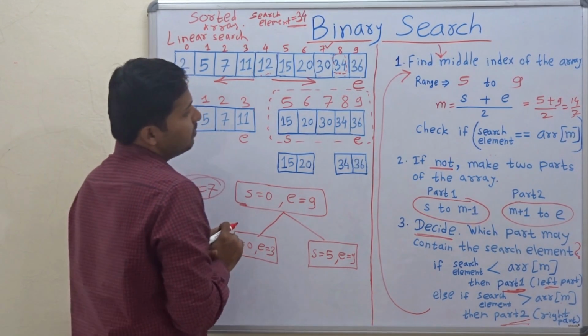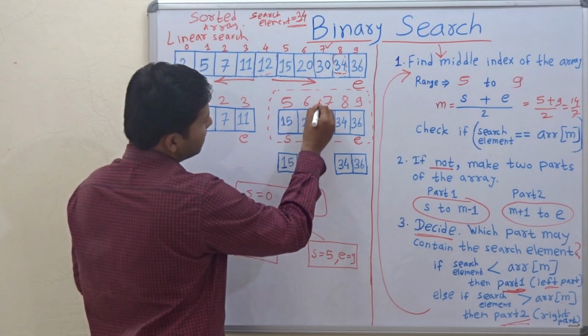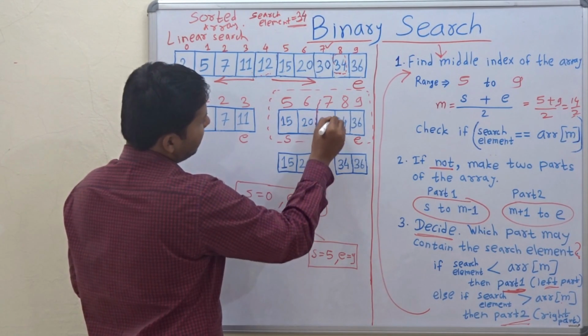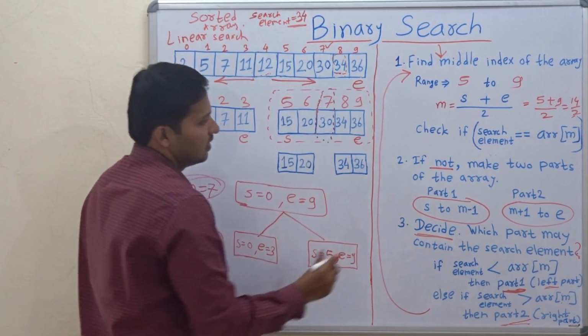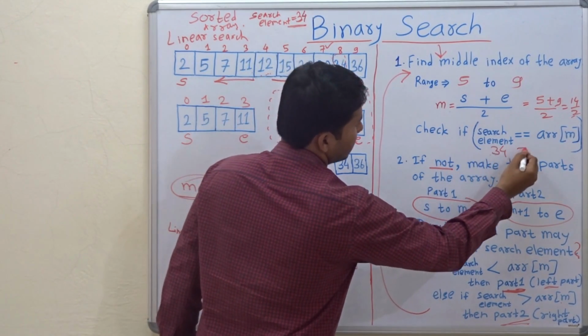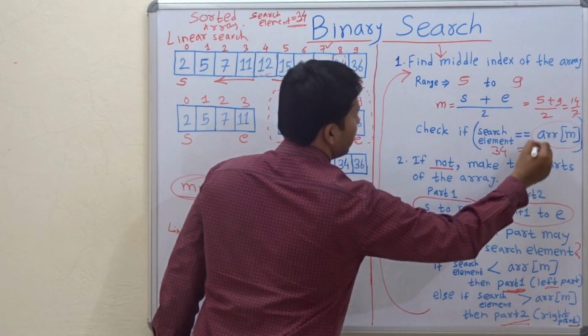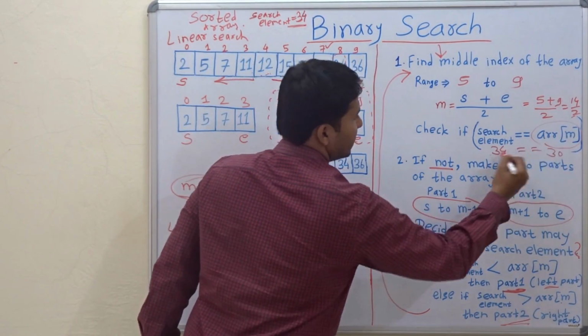As the middle index is 7, now you have to check the middle index element with the search element, like mentioned here. See whether 34 is equal to the middle element, that is 30 here. Are they equal?